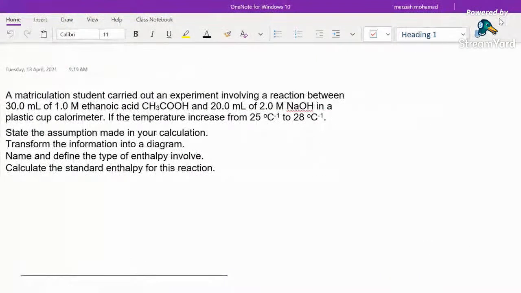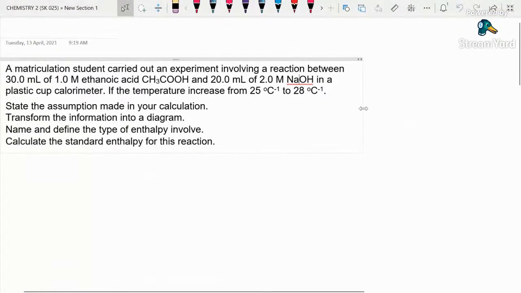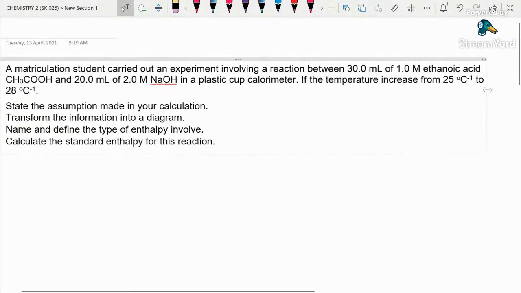Yang semalam termiss kelas untuk neutralization ni. Okay, untuk neutralization ni dia minta apa? State the assumption. Okay, as usual lah.